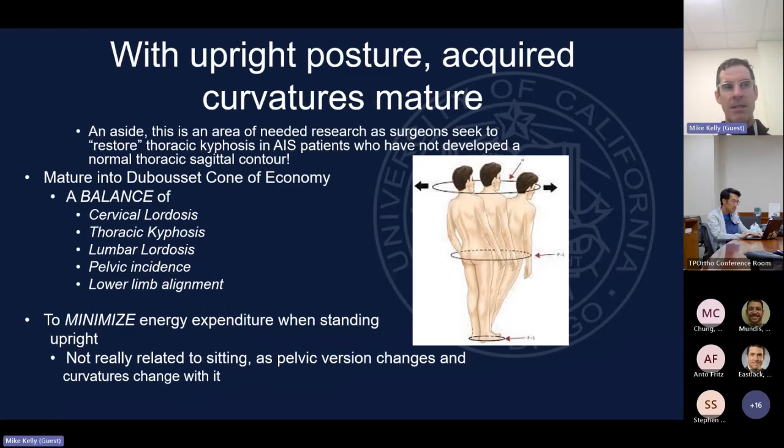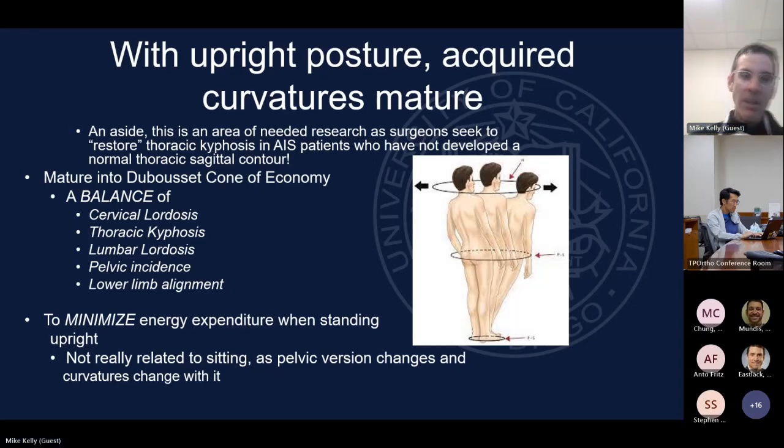Your pelvic incidence grows or changes through skeletal maturity. If you look at the papers that have x-rays of 4-year-olds, 8-year-olds, 10-year-olds and 12-year-olds, it's really not until you're 10 or 11 that your pelvic incidence is really stable. And that is because your pelvis is growing in the A to P direction, and in some people that will change their pelvic incidence.